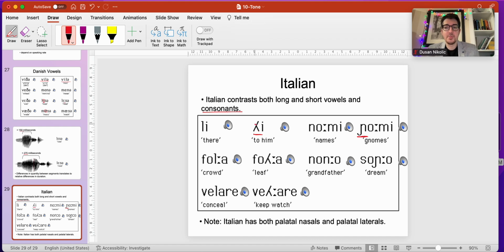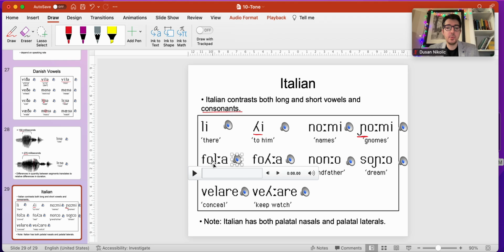This one is produced something like li, like you're producing y and l at the same time. So let's see the distinction. Li, gli, right? Now this is a long vowel, and here it's a long vowel, but we want to show distinction between the n and ny. Nomi, gnomi.